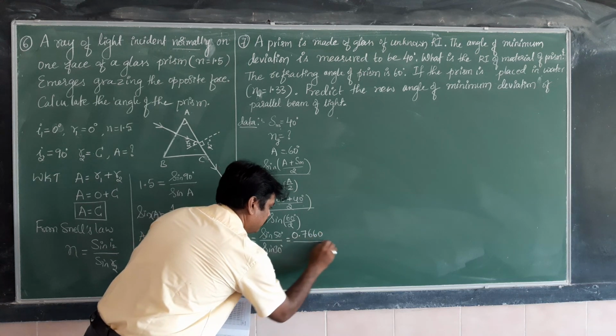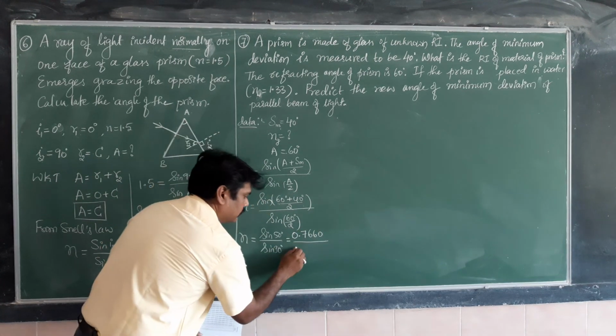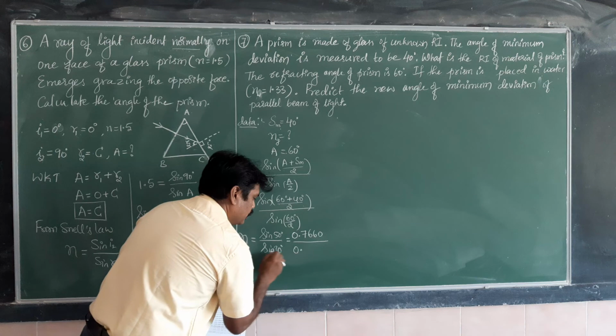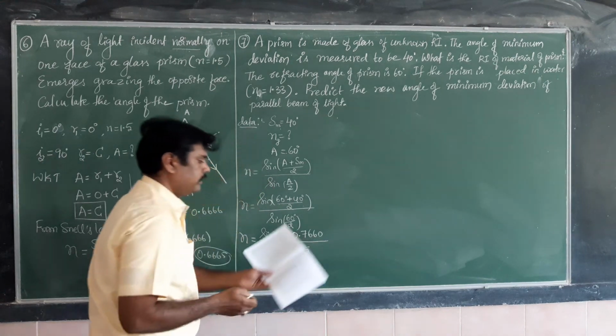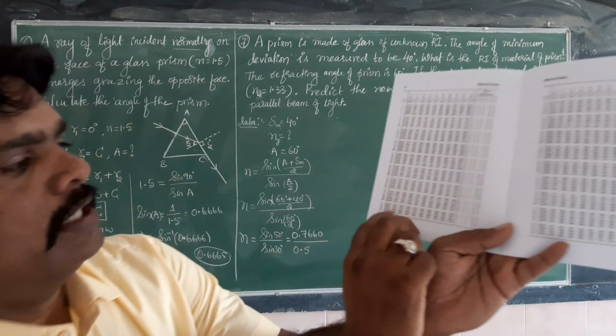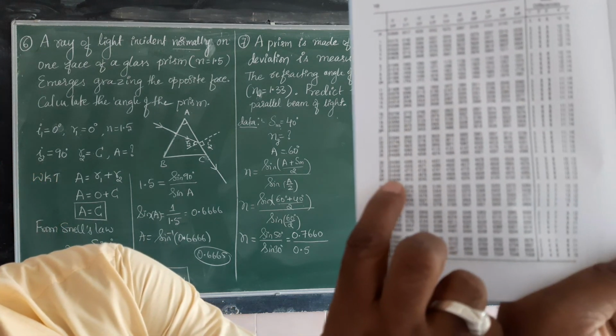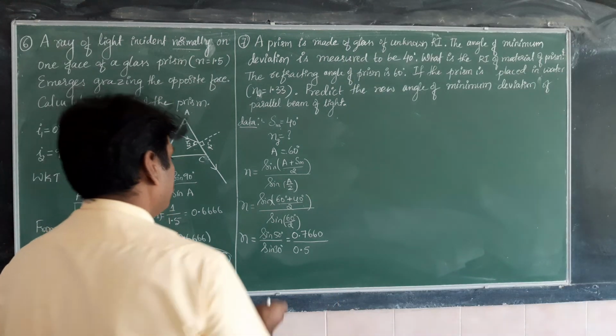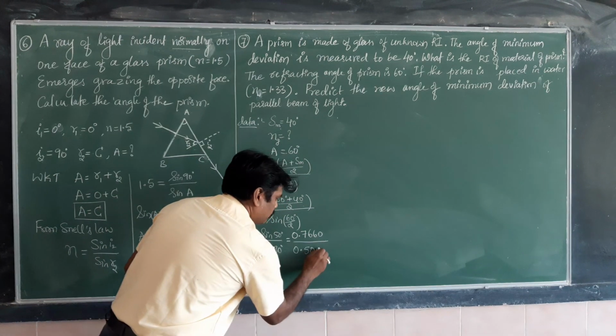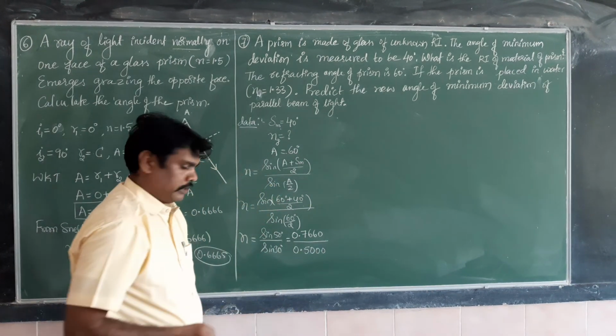0.7660 divided by sine 30. You know that sine 30 is the standard value, it should be 0.5. You can search here also: sine 30 is 0.5000. So 0.5, you can put three more zeros, no need to worry.